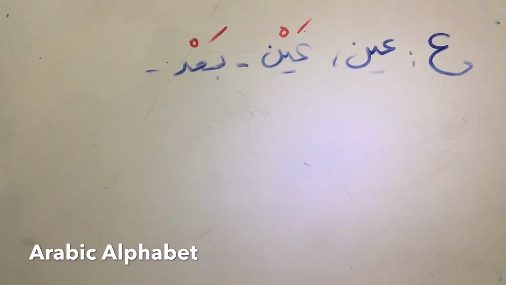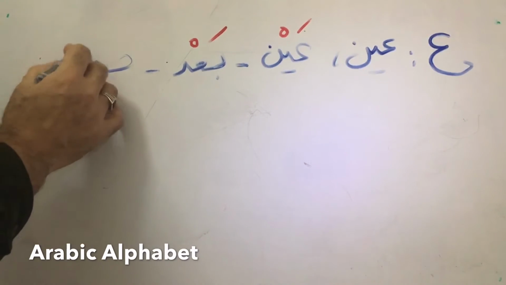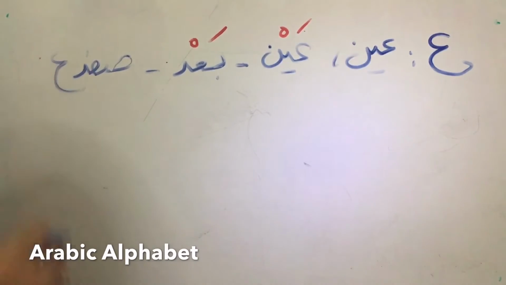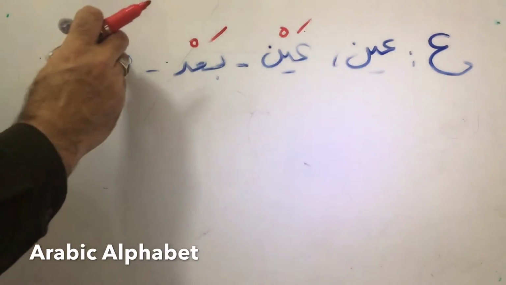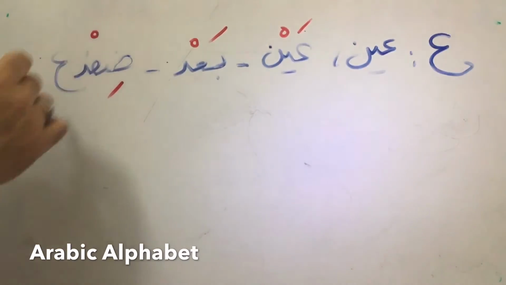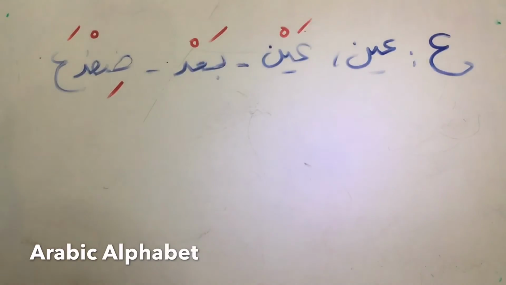An example of عين at the end of the word is like ضفدع. ضاد has فتحة, فاء سكون, دال كسرة... ضفدع.